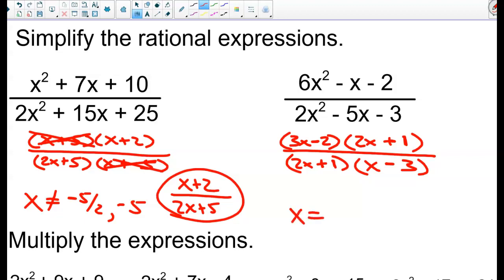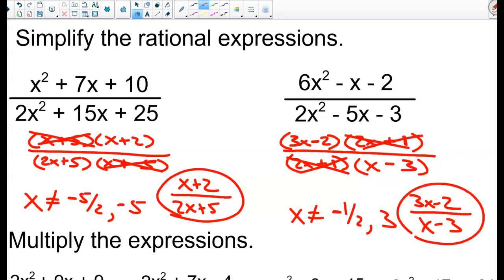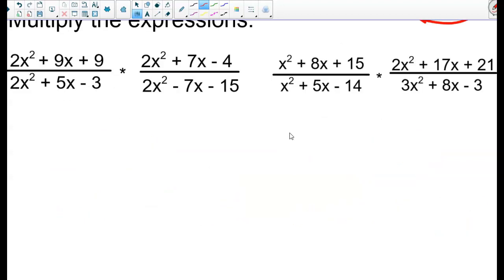My x cannot equal negative 1/2, and it cannot equal 3. The 2x plus 1s cancel, and we're left with 3x minus 2 over x minus 3, and that's our answer. The multiplication, we can simplify vertically, we can simplify diagonally, and we multiply horizontally.